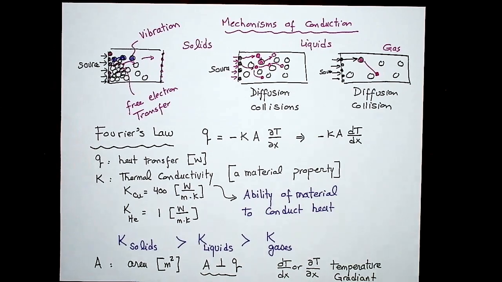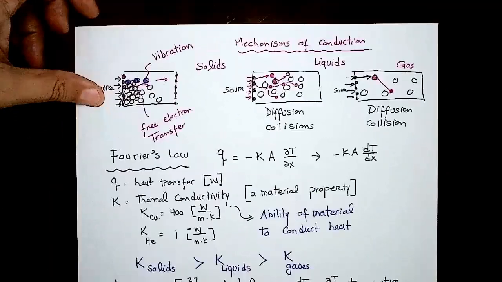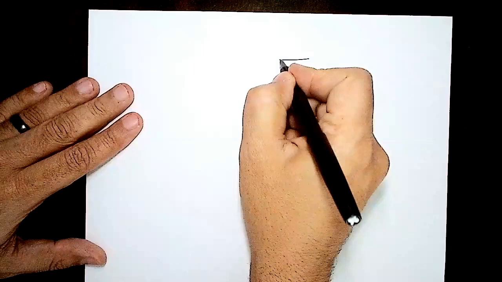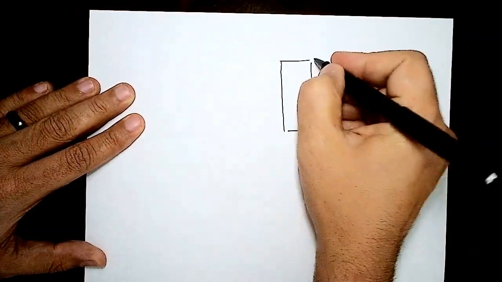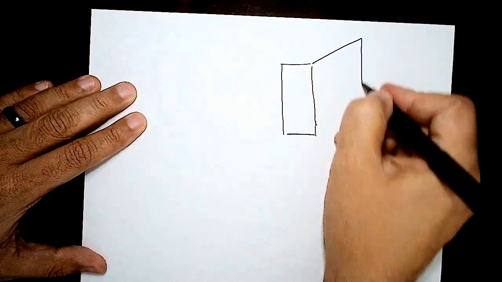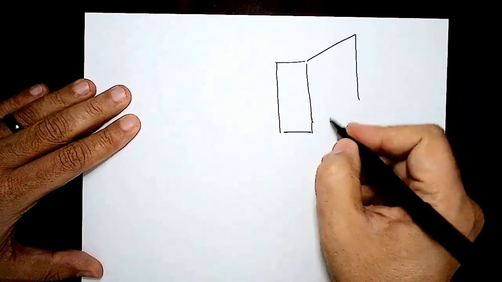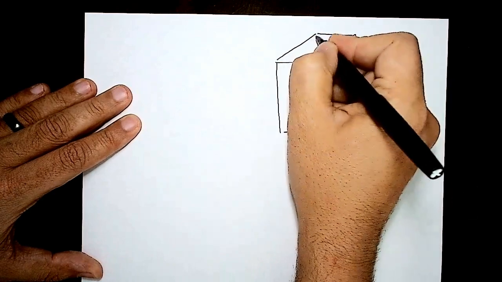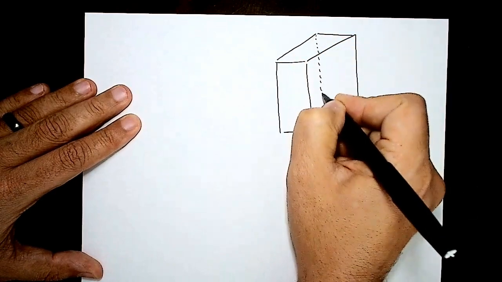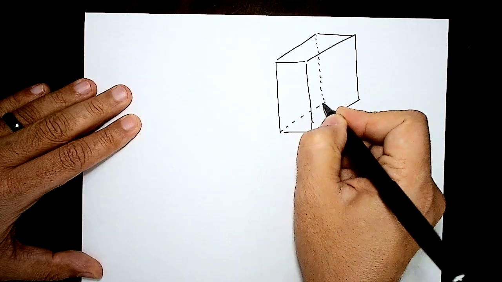Okay, so how do we simplify the use of Fourier's law? Let me draw a schematic here to explain Fourier's law. Let's assume that we have a cubical shape here, made of solid material. So we have here a 3-dimensional body.